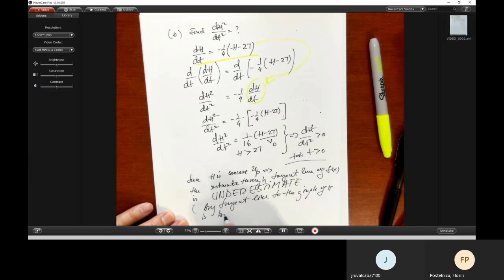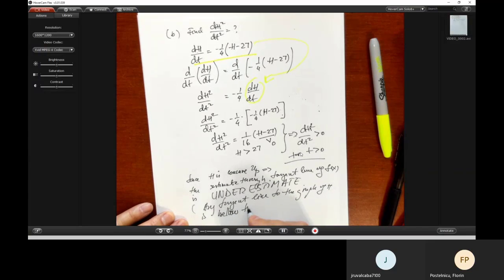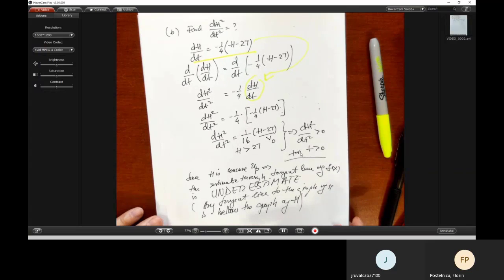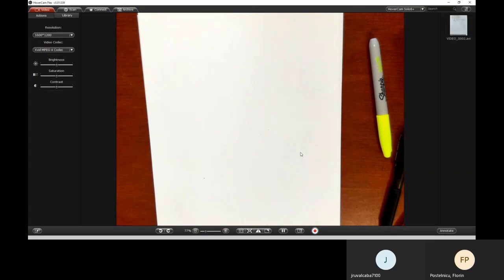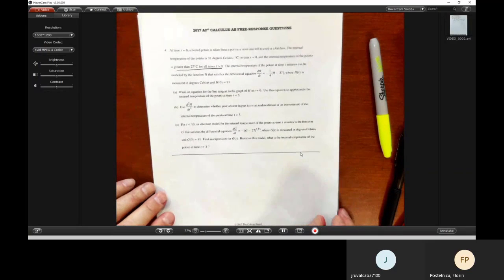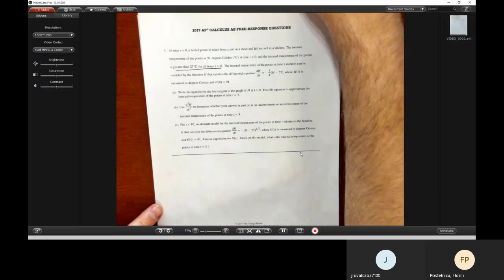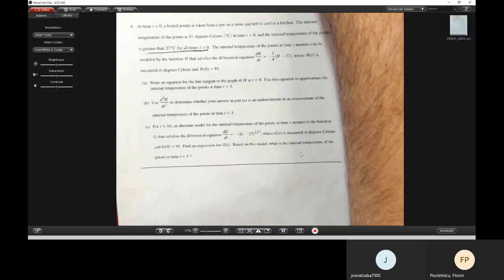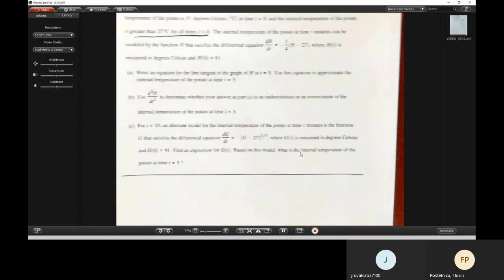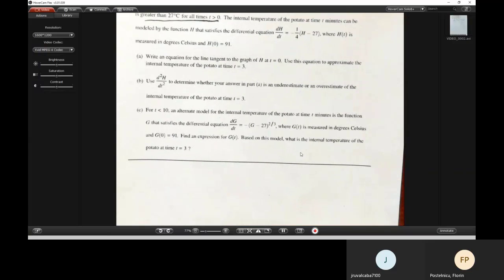Okay, and now we get to the meaty part, to solving a differential equation. We'll take a look at the problem. We'll read it again. So right here is for the time t less than 10. The alternate model that satisfies that equation, the internal temperature is given by a function g.